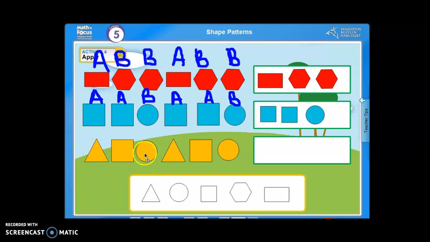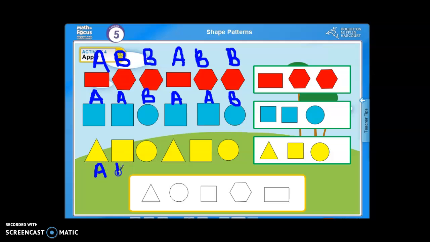All right, last one. Triangle, square, circle. Triangle, square, circle. What's going to come next? Triangle, square, circle. All right, let's figure out the pattern. Now this would be an A. Is this the same or different?